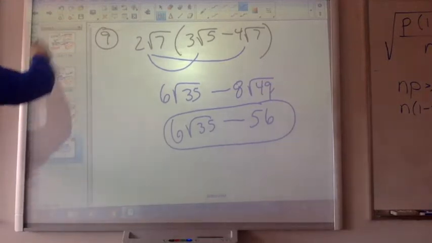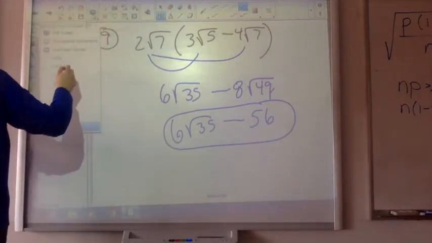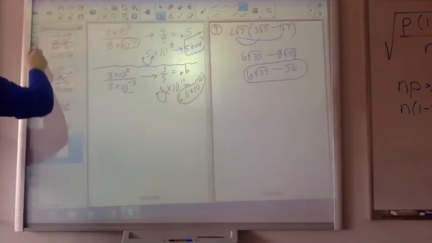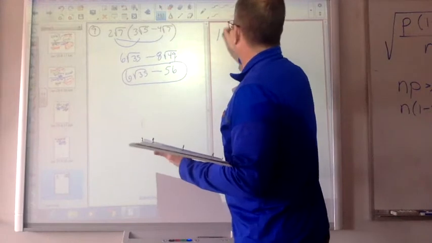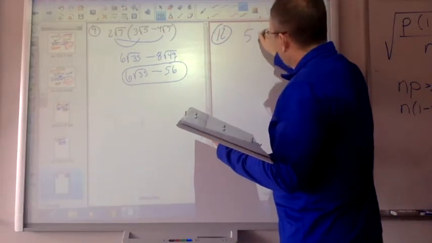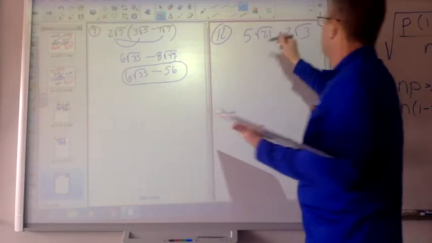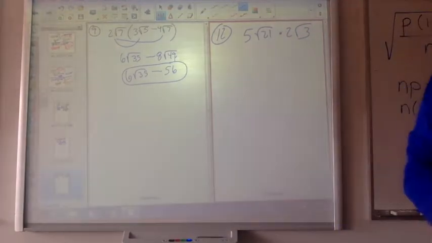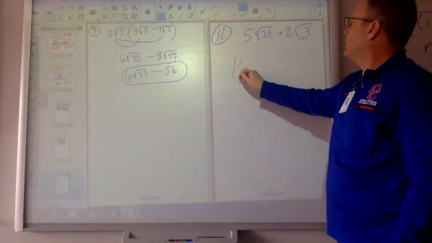May I move up? Here, let's do this. Here, and we'll dual page it. So if you need to look at that, here's number 12. 5 root 21 times 2 root 3. Okay, we're just multiplying the two together. So 5 times 2 is 10.